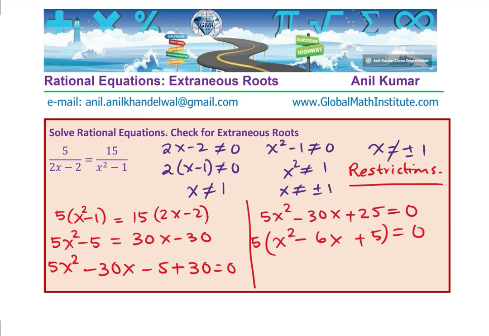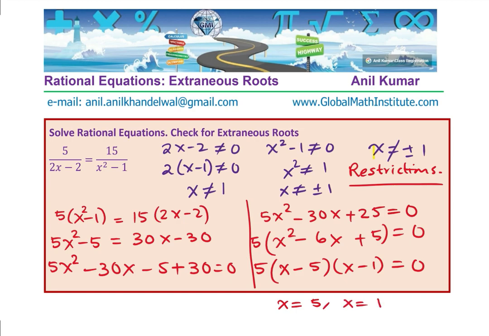Now we can factor, product being 5, sum being minus 6. So I could write this as x minus 5 times x minus 1 equals 0. Is that correct? So we have now factored it. Since we have all this, what are the solutions? Well, the solution could be x equals 5 or x equals 1, correct?